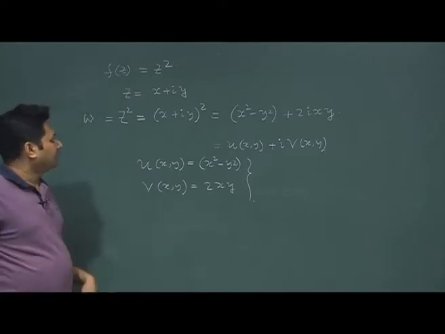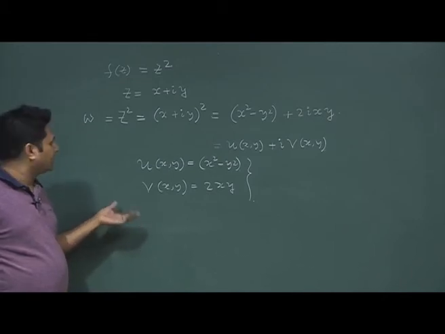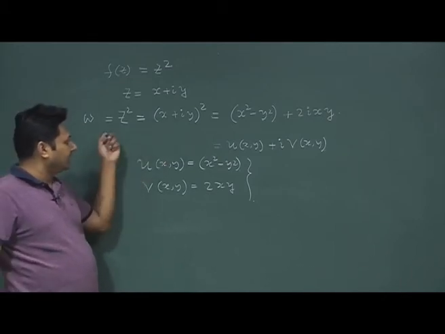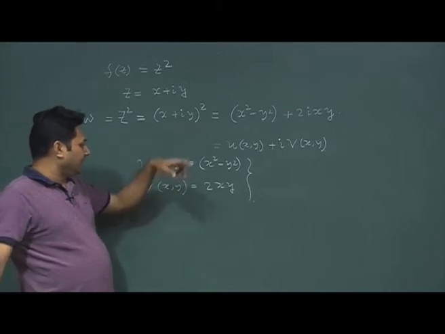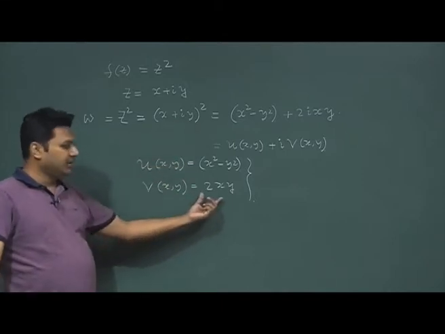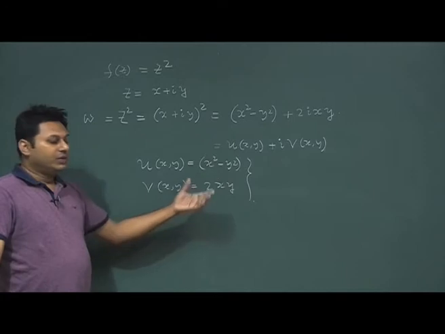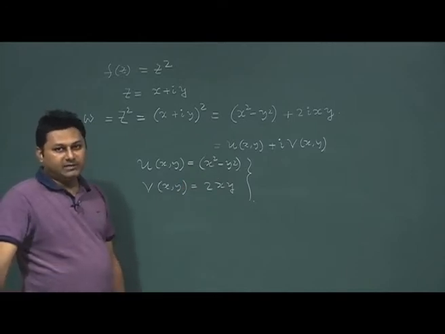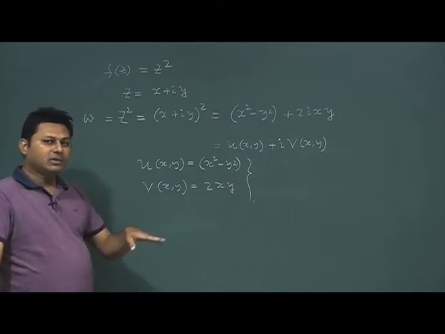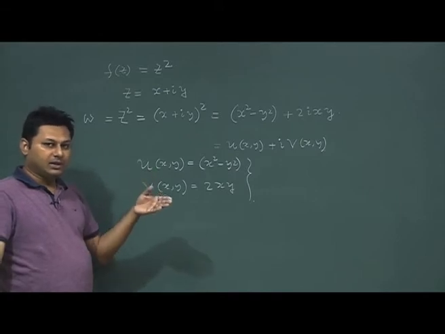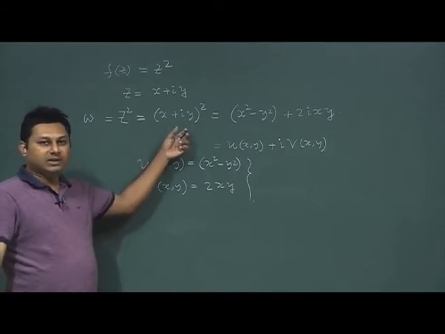Now the problem is in the complex plane you can't draw anything, because two variables are associated with z. For these two variables again you have u and v, which are also associated with two variables. So in the real case there was one variable associated with that, and you can plot one variable against another. Here you have two variables associated with z.